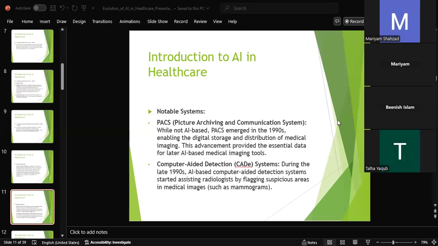Then we discussed brain imaging, lung cancer screening, and mammography. Now, how are these CADs beneficial? They enhance diagnostic accuracy, helping the radiologist by identifying abnormalities that otherwise were missed by the human eye at the early stages.